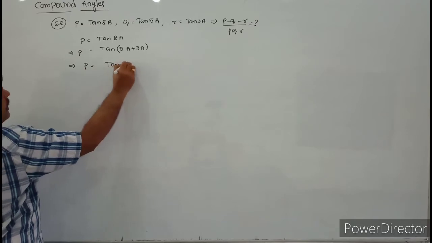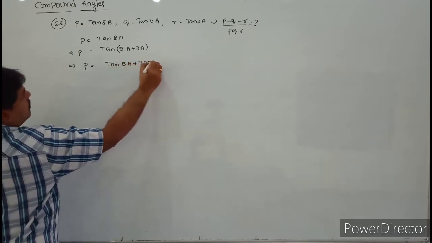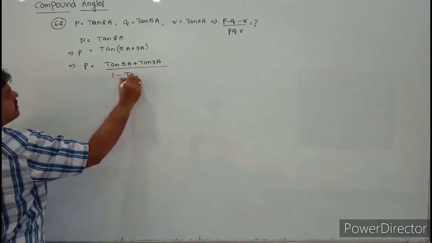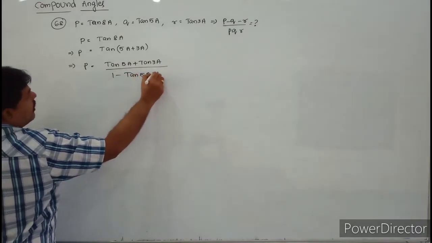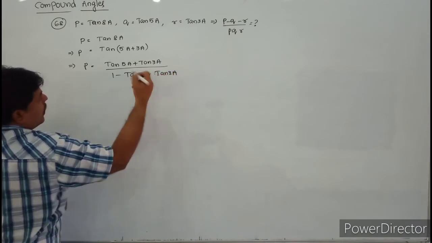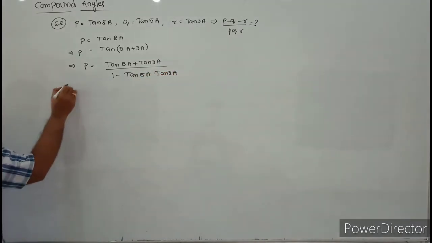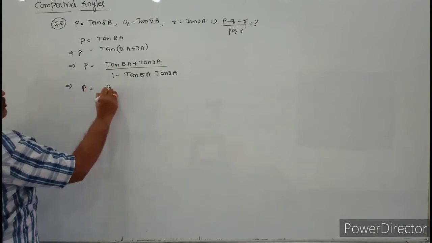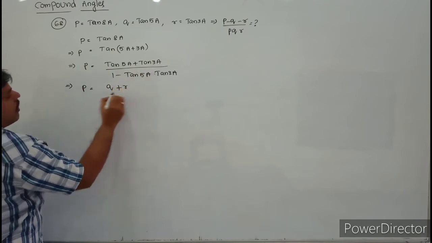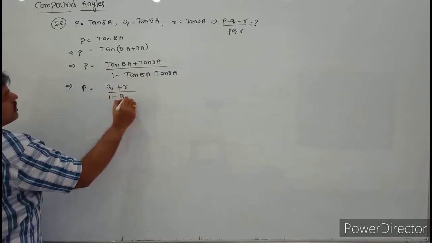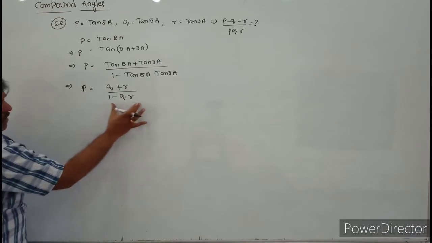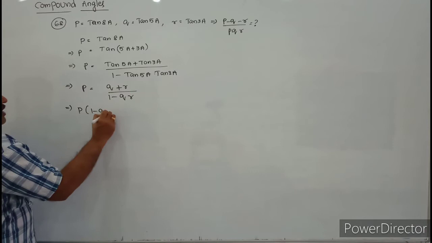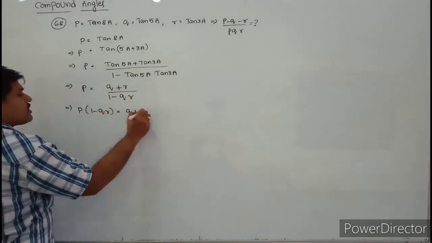So that implies p is equal to tan of a plus b formula, students: tan a plus tan b by 1 minus tan a tan b. So that implies p is equal to q plus r by 1 minus qr. Take this denominator to this side, what happens? So p into 1 minus qr is equal to q plus r.